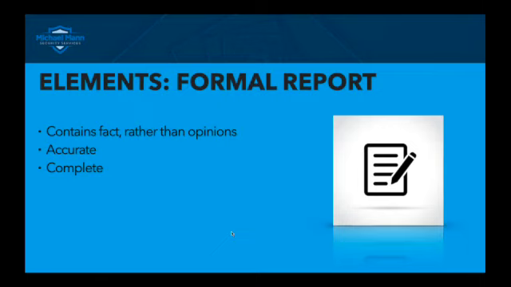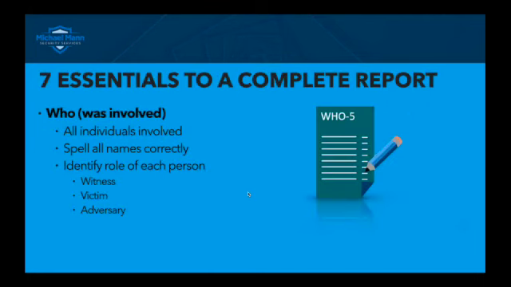Because if something goes to litigation, and this is discoverable, and it's found out to be inaccurate, it's not going to be good for the house of worship. And then of course it's complete. I'm going to show you all the elements to make sure this is what's in your formal report. Now, if you're doing it manually, you'll need a guideline like this. Most of the electronic processes, like Scott will show you after this, do it for you. You don't have to worry about it.